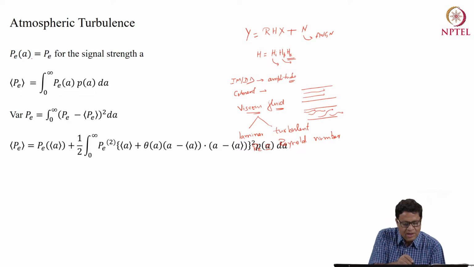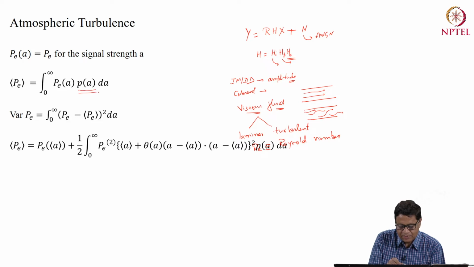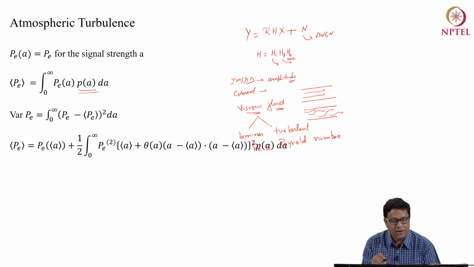So let us define P_E(A) as the probability of error for the signal strength A. The signal strength received has a PDF, defined by P(A), because it is changing with time and turbulence is changing this parameter.